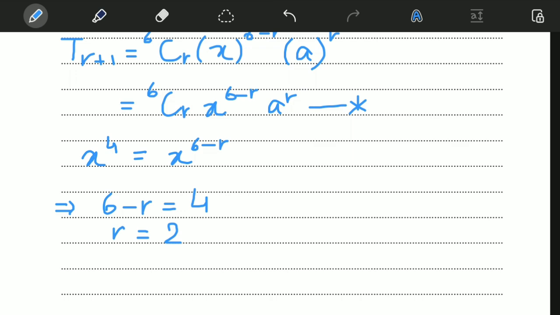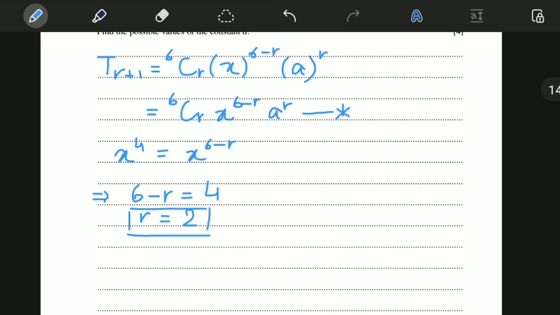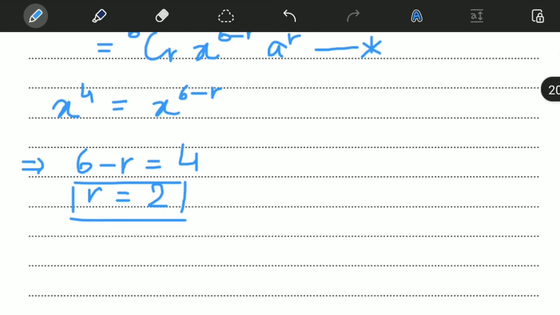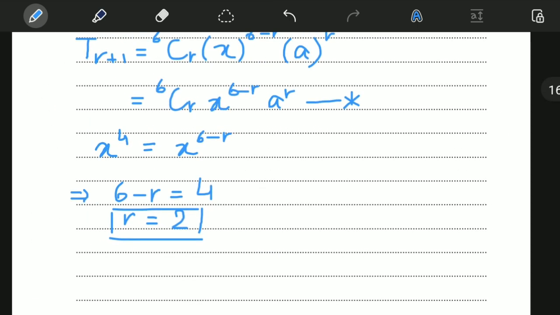So putting r equal to 2 in the above equation will give us the term with x power 4. Applying this, T(r plus 1), that is T3, is equal to 6C2 x power 6 minus 2 a power 2.